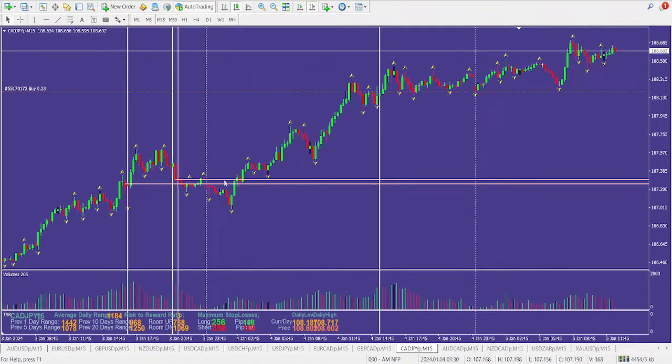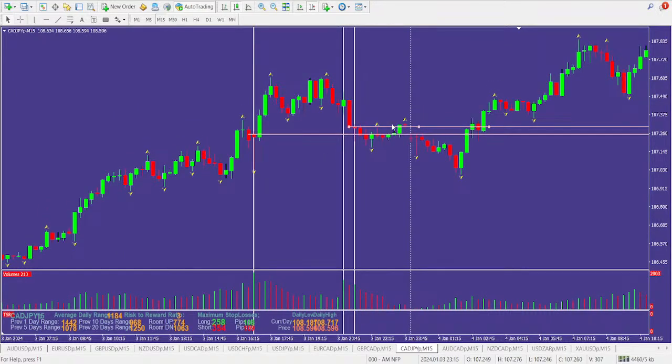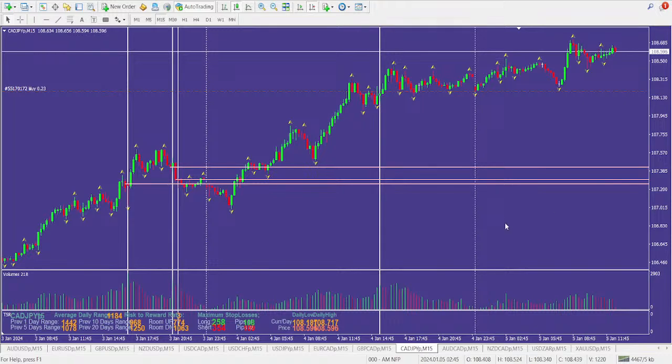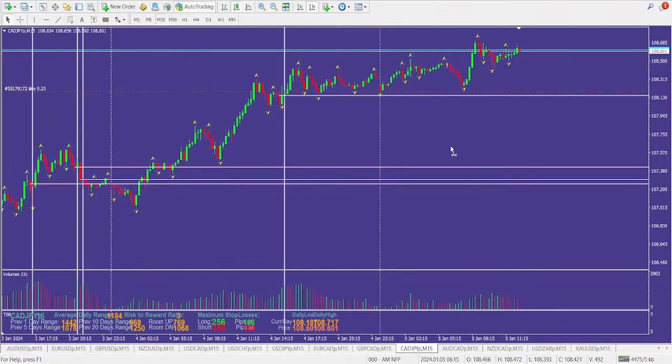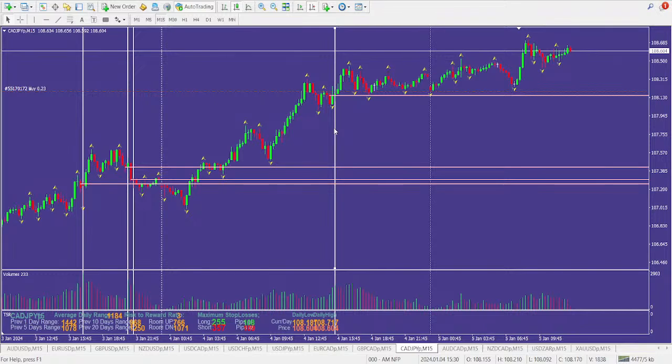Okay, and then this level over here. The price pushed up with high volume. Okay, so that is our demand over there. And then this one over here. Okay, so that is the demand over here. January 4th, demand number 1, then 2 over here, demand level number 3, and demand level number 4.